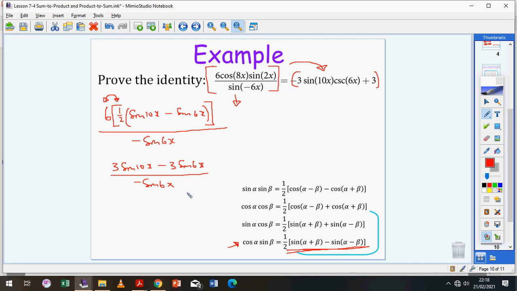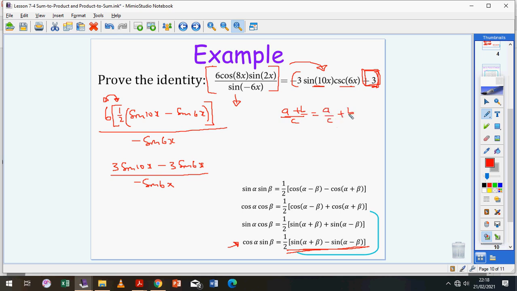Now, at this stage, I can look at what they need me to prove, right? I can see a 3 sine 10x, and I already have sine 10x in my expression. I can see a cosecant 6x, so something is dividing by sine 6x, which I can create from my expression. And I have a positive 3. Because of this positive 3, this expression is asking me to separate the fraction. Separating the fraction, I hope you remember, a plus b over c is the same thing as a over c plus b over c.